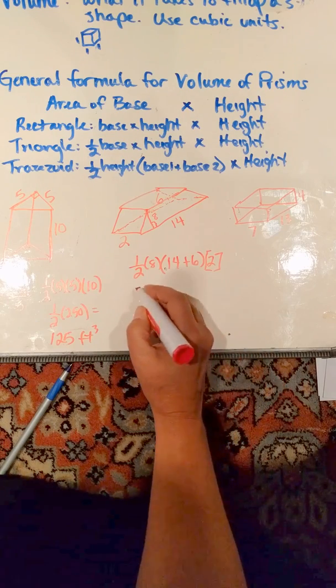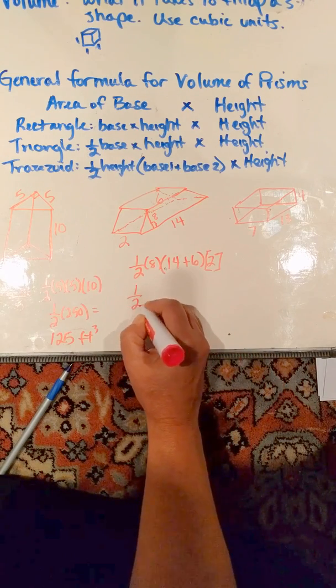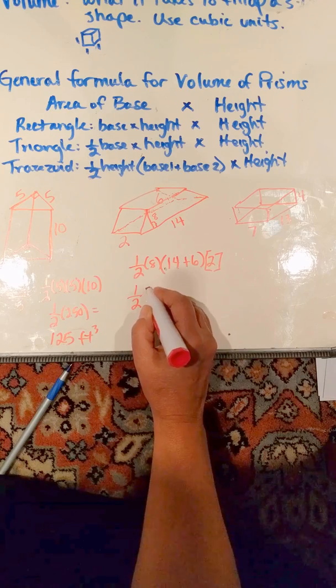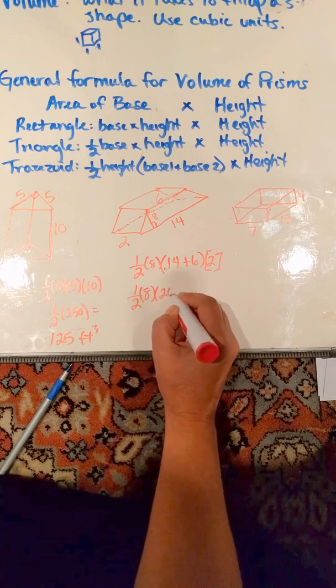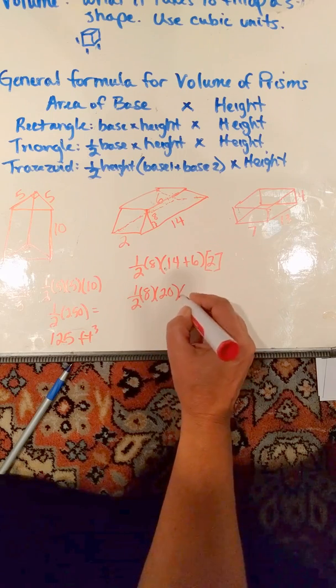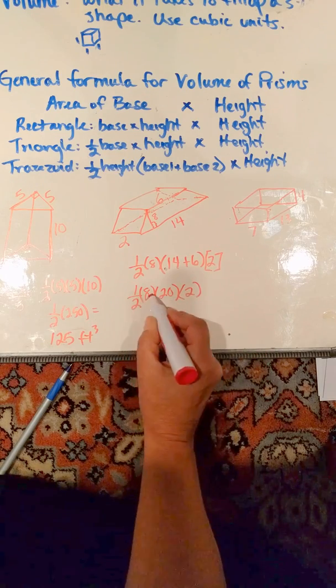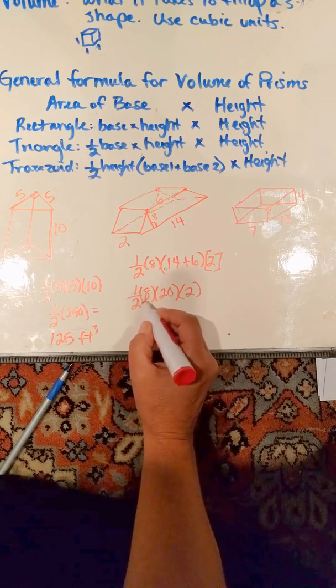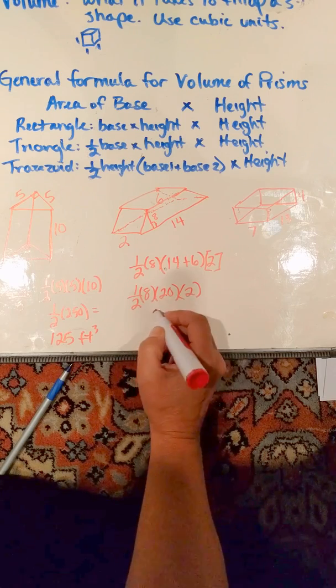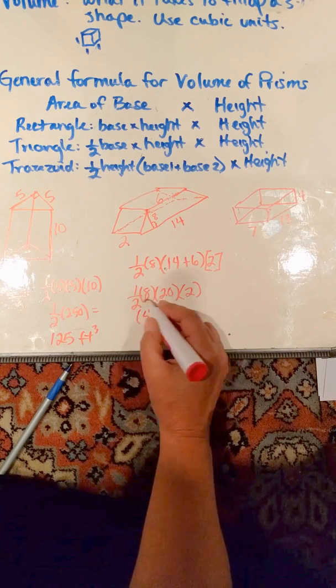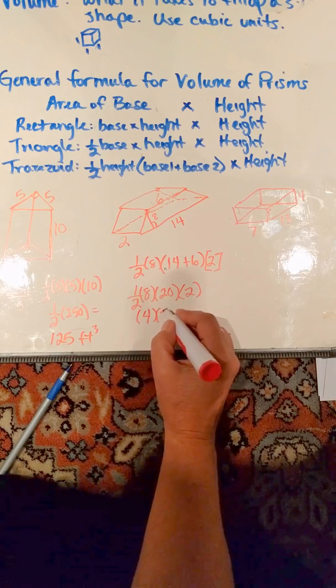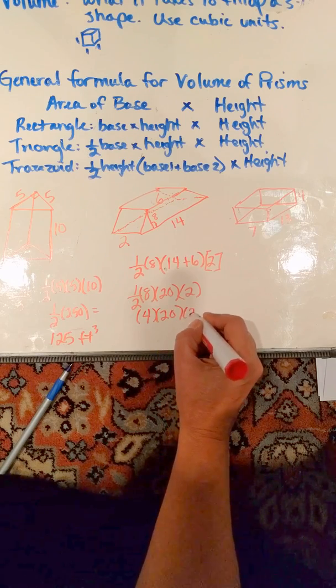So if we do that, I get 1/2 of 8, and then this is 20 times 2. So this would be 4. Well, let me just multiply these out. So half of 8 is 4, times 20 times 2.